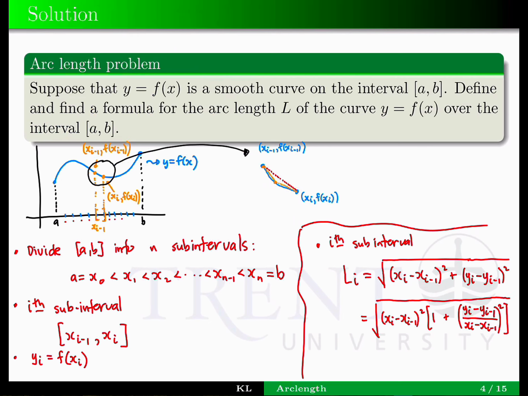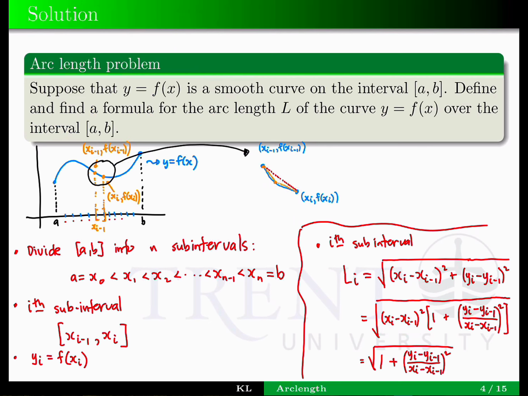And then we can take the square root of (x sub i minus x sub i minus 1) squared, which is just x sub i minus x sub i minus 1. That will become our delta x. So after taking the square root, we will have the square root of 1 plus (y sub i minus y sub i minus 1) over (x sub i minus x sub i minus 1), quantity squared.